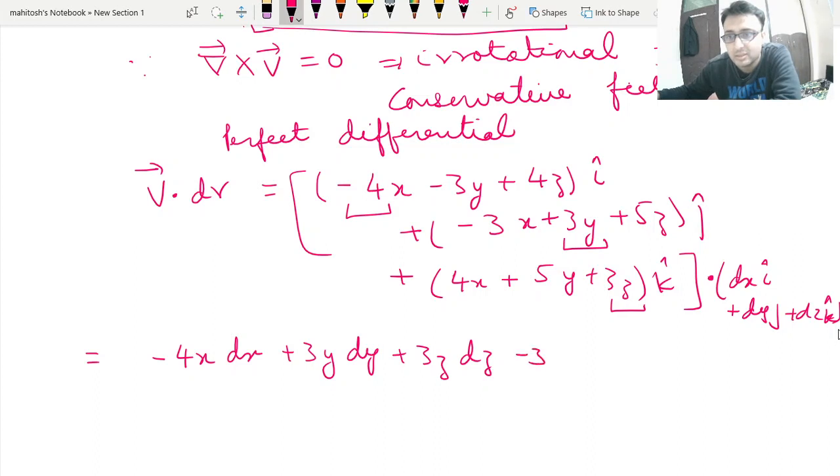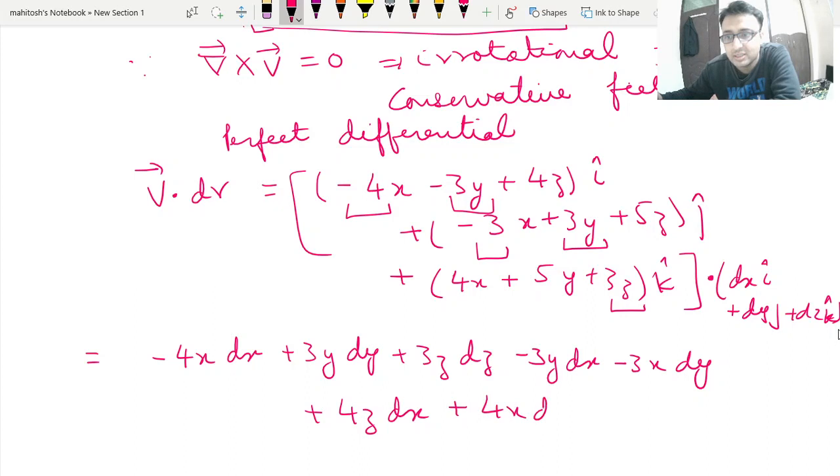This is minus 3y dx, similarly from here I can write minus 3x dy. That is this part. Plus 4z dx plus 4x dz. So I have clubbed this part and this part, you can see. And lastly, 5z dy plus 5y dz.